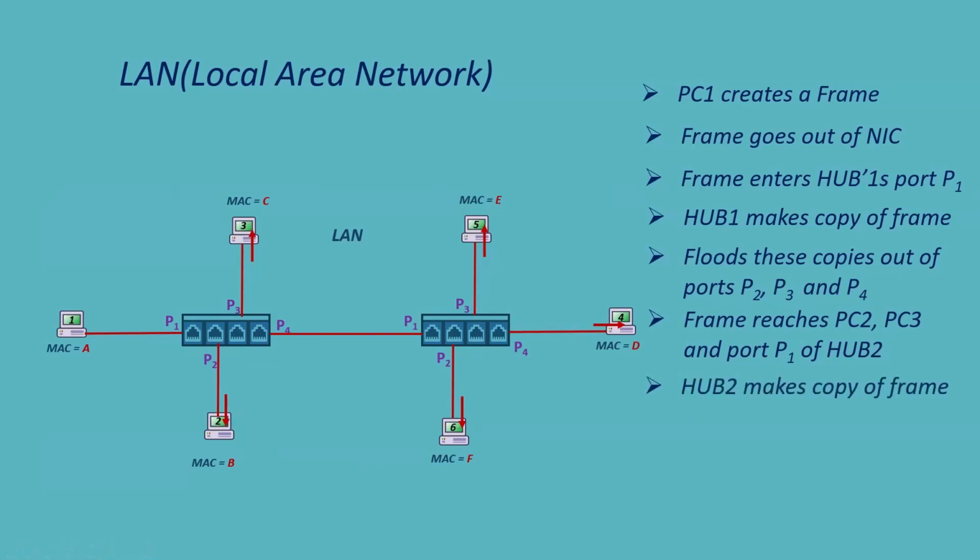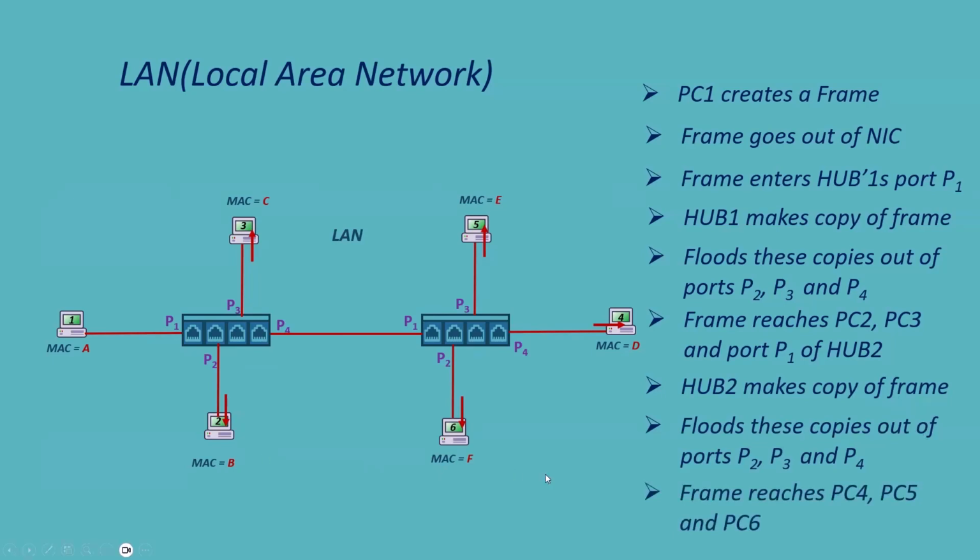Then hub 2 makes copies of the frame when it receives it and floods these copies to ports P2, P3, and P4. I'm just reading out what I already explained. So the frame reaches PC4, PC5, and PC6.